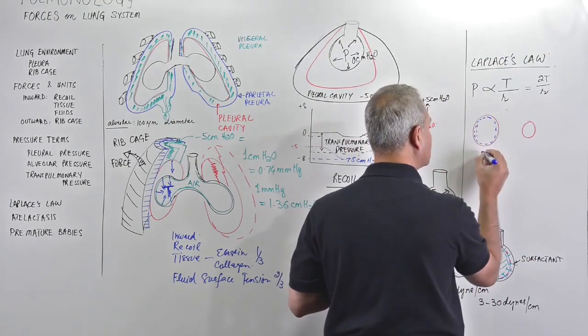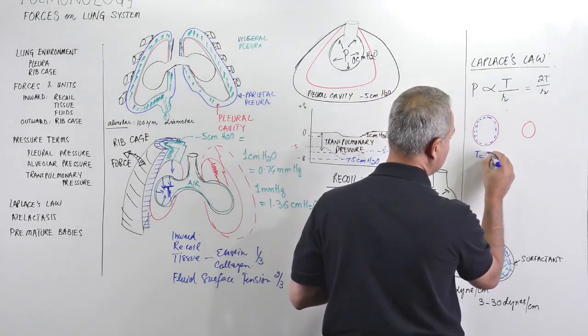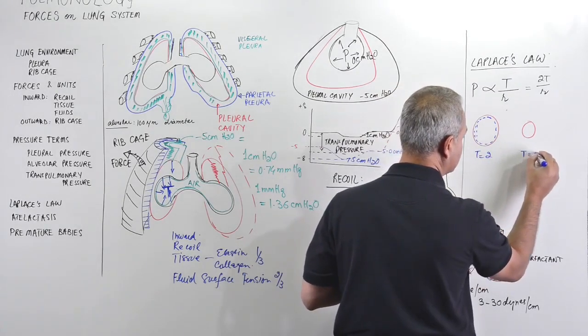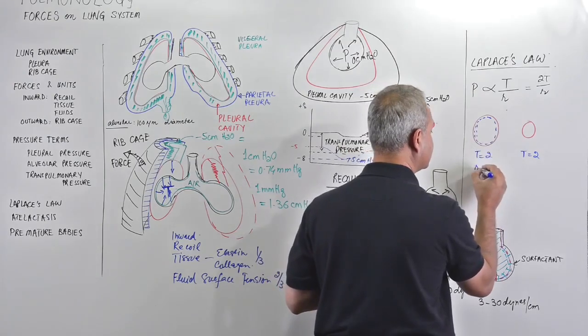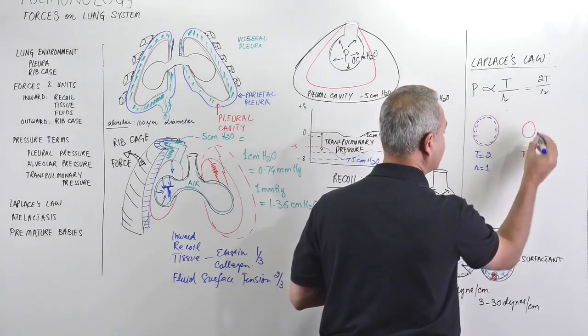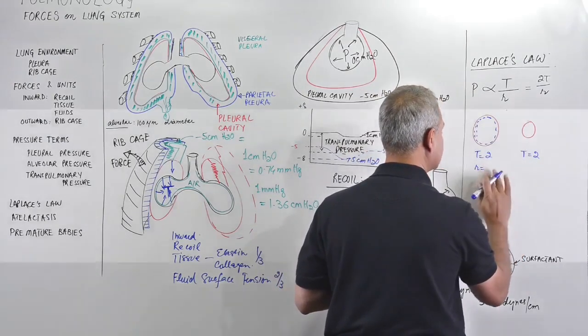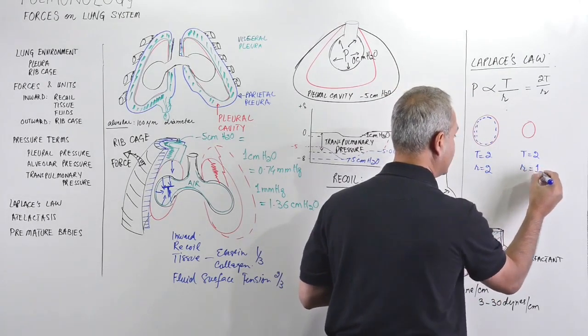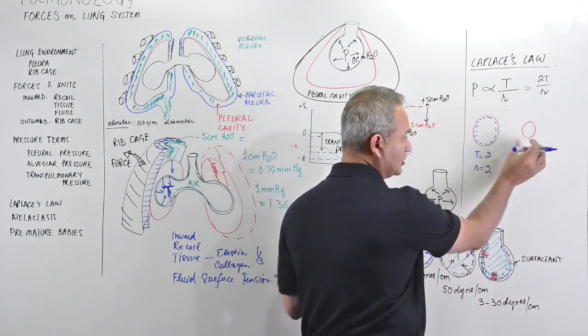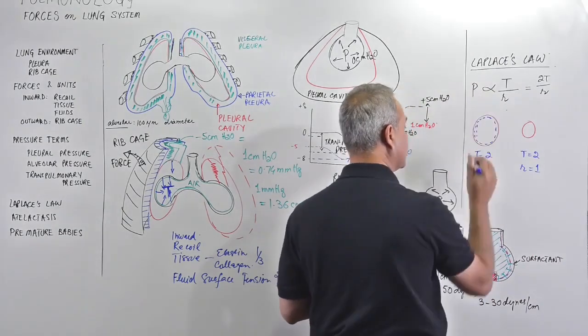So T, let's say, is 2 here, and T is also 2 here. Let's make the radius 2 here and radius 1 here. This is smaller.